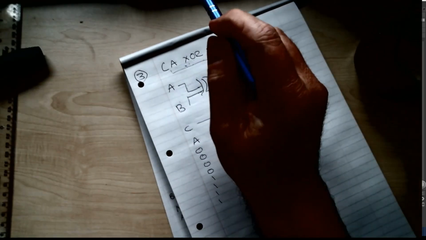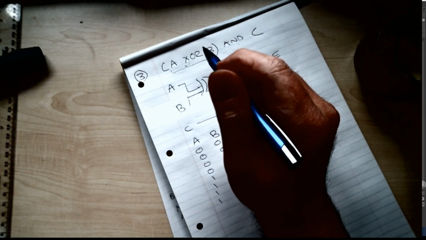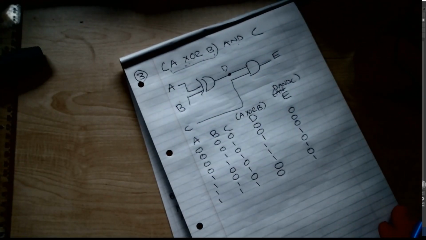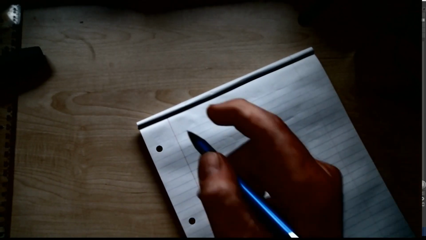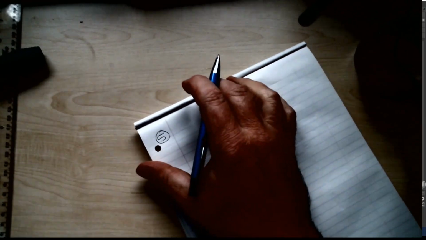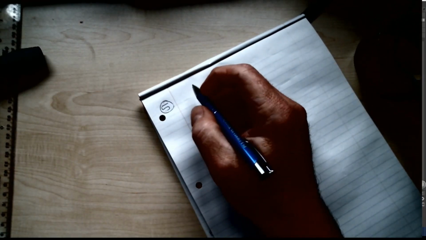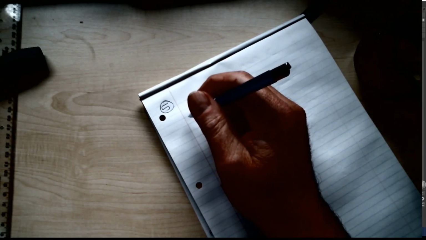Now I'm probably going to leave 1, 2, 3. I'll leave question 4, but I'll go straight to question 5 now, which is probably the most complex one out of the set. But we're doing it step by step now, so we're not fazed by question 5. Question 5 is just more complicated because it's got 4 inputs this time. So if you remember, for 2 inputs we had 4 rows.